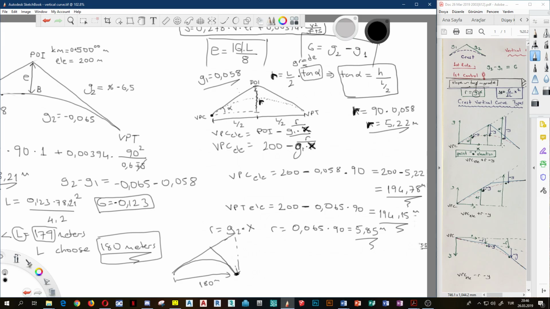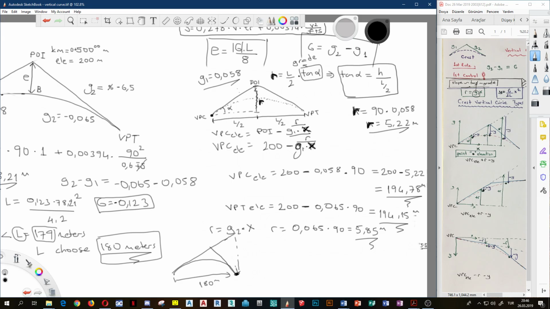Look at the formula. If you go through x meters and want to find this point's elevation, it goes on x and increases R. What is the R? G1 times x, and decreases with y.